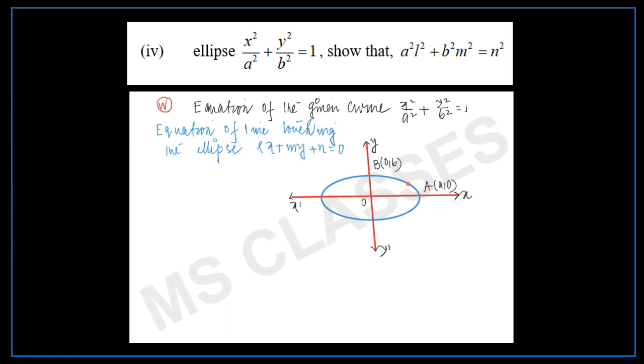When it touches the ellipse, it acts like a tangent. Suppose this is the line which is touching the ellipse. So now we can find the equation of the tangent at this point of contact.